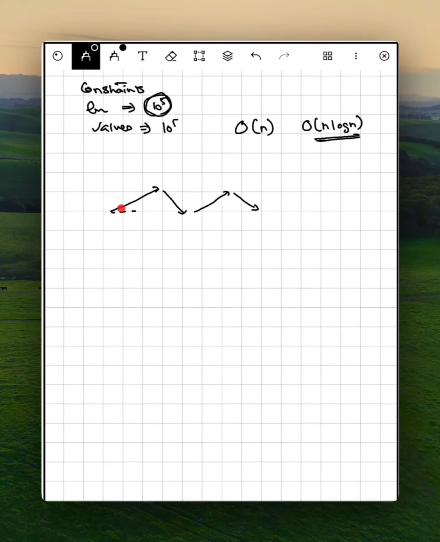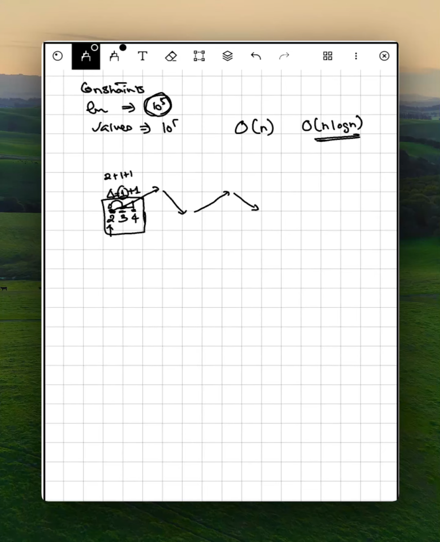I need 2 operations to get to this state. But when I'm at 3, I need only a delta operation, which is equal to 1. So from 2 to 3, I need only 1 operation. And likewise, from 3 to 4 another 1 operation. And so 2 plus 1 plus 1 to come up till here.